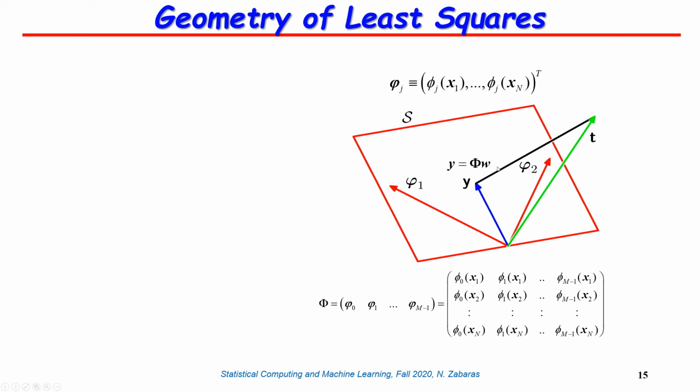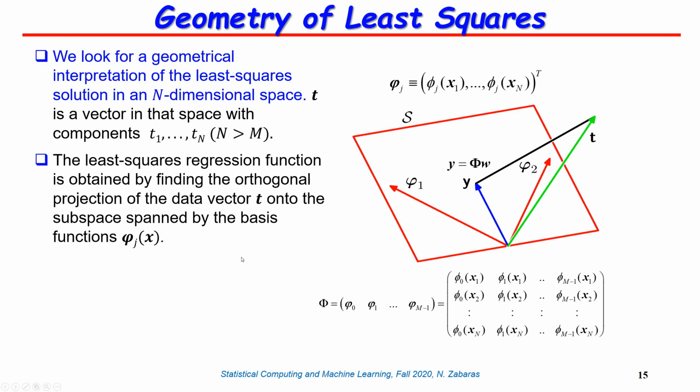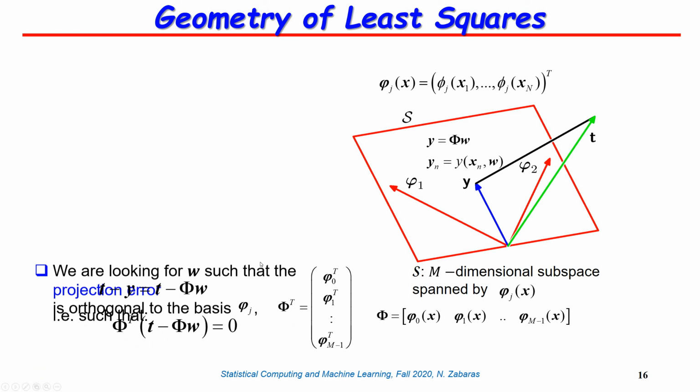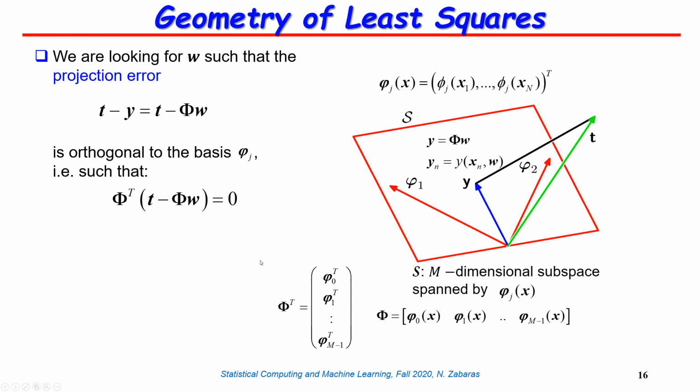So the vector t minus phi w is orthogonal to calligraphic phi1, phi2, etc. When you put this in mathematics, orthogonality of the error t minus phi w to each of the vectors phi0, phi1, up to phi M minus 1, all together, leads to the simple relation you see here: phi transpose (t minus phi w) equals 0.